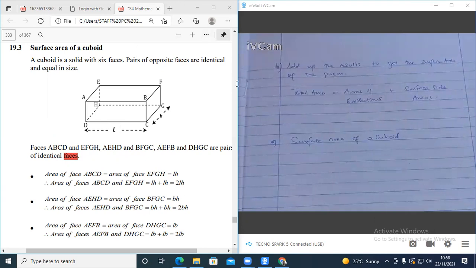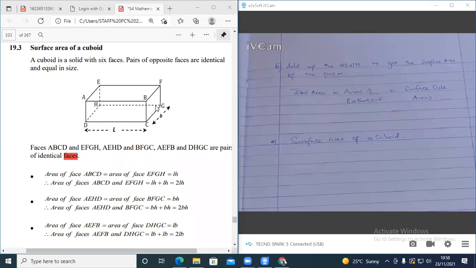Esther, how many pairs on a cuboid? Yes, teacher. 6.